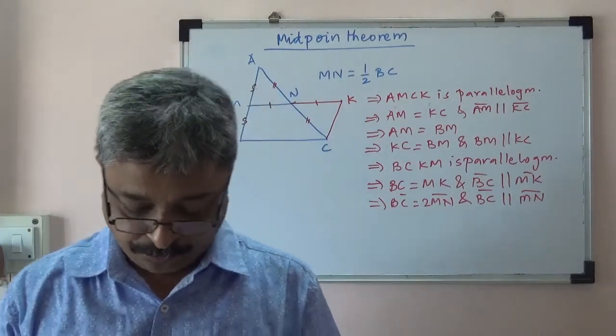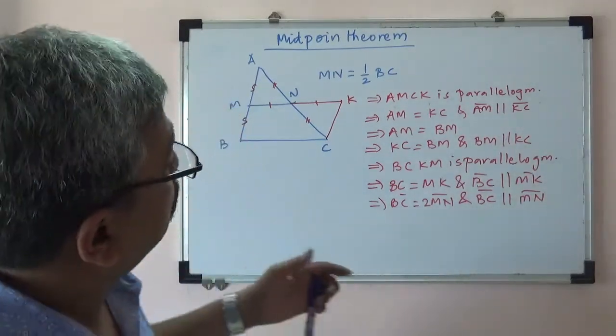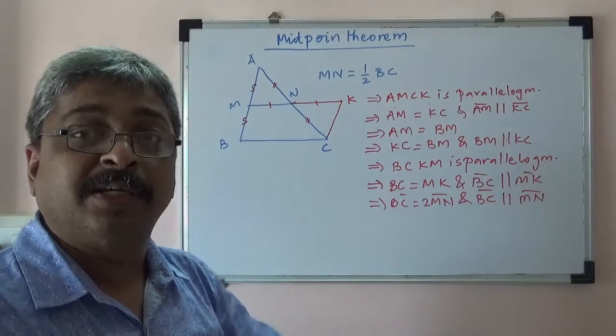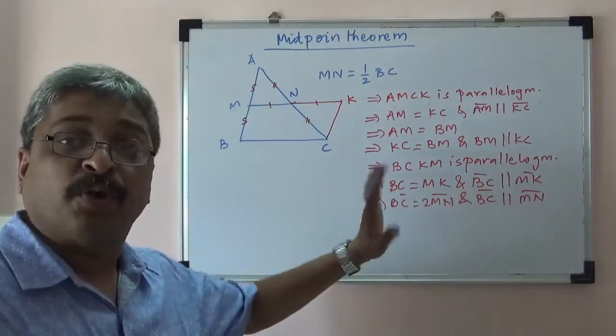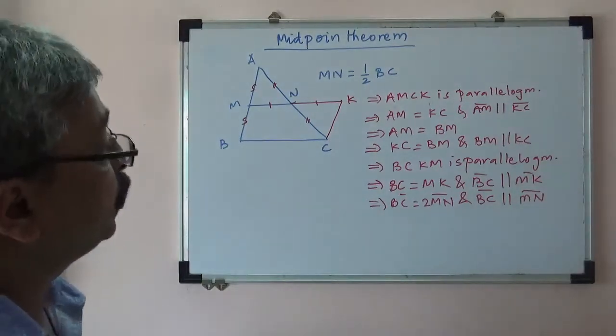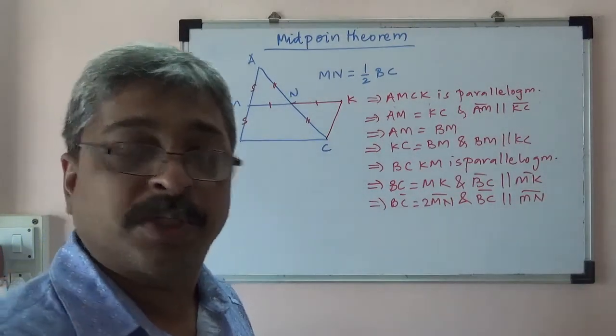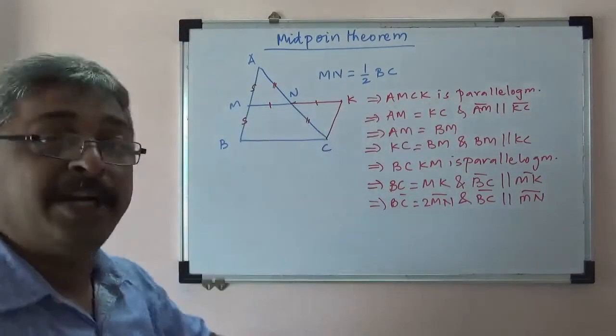So these are the different steps by which you get the midpoint theorem. And do you see all 7 results of parallelogram properties? A few of them are very handy and useful in proving this particular result. Okay, it doesn't matter if you have not solved this problem independently. Very few students make this construction independently.